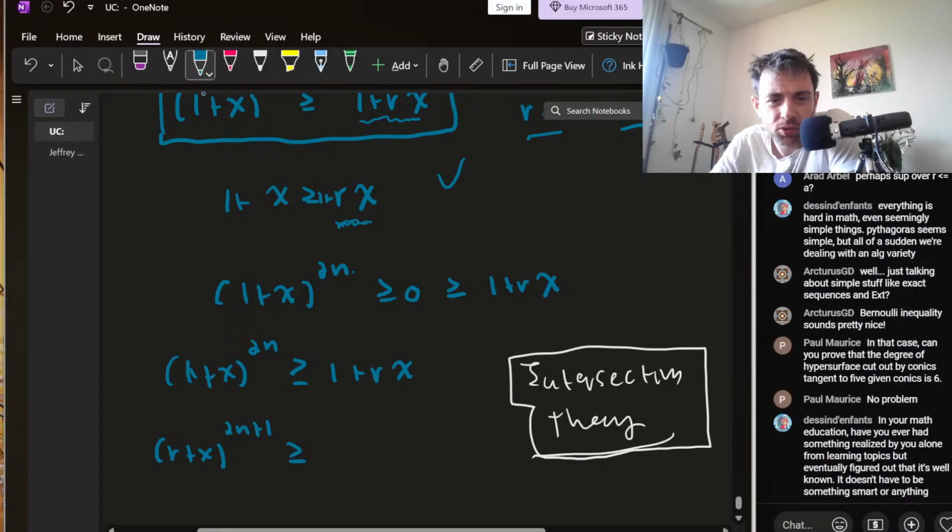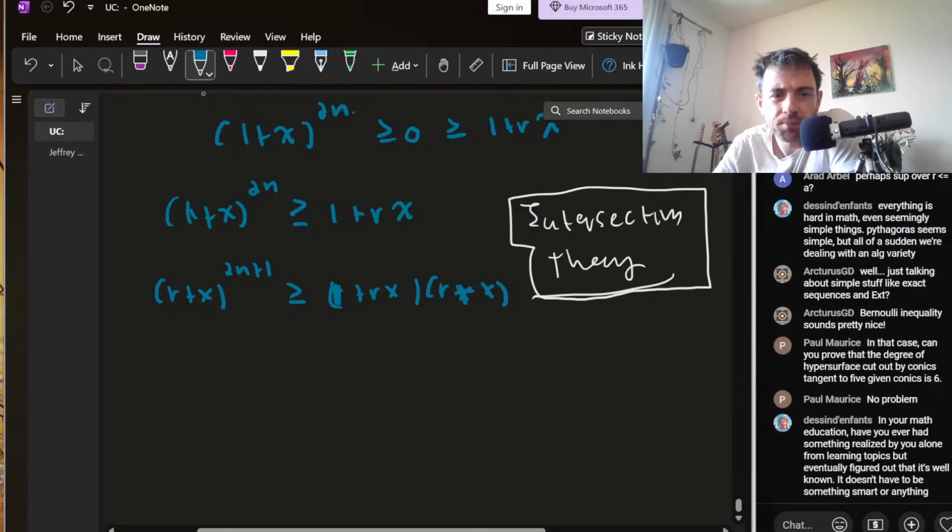Say multiply both sides. r plus x plus r squared x plus rx squared.